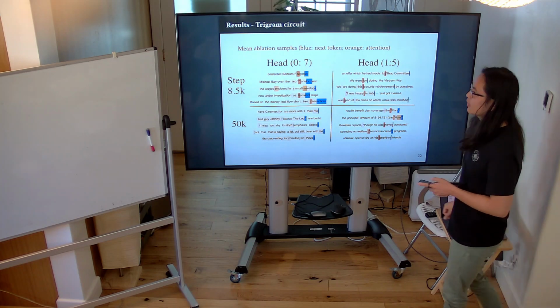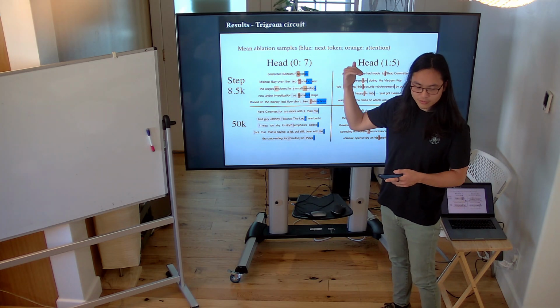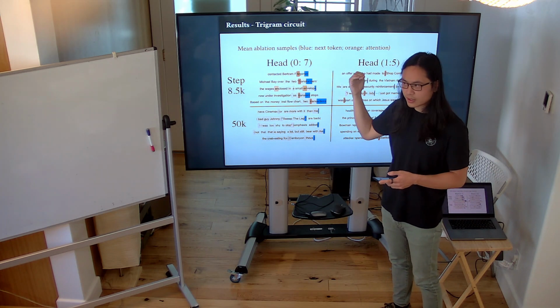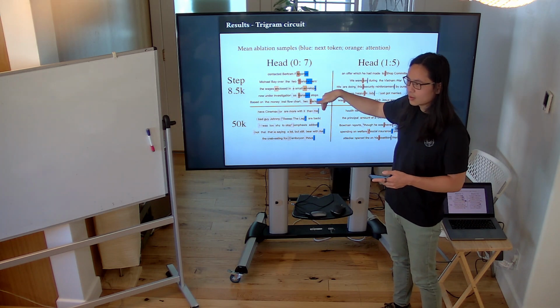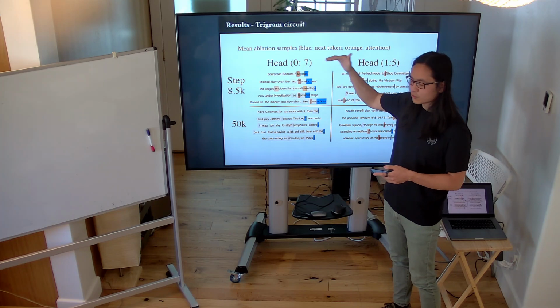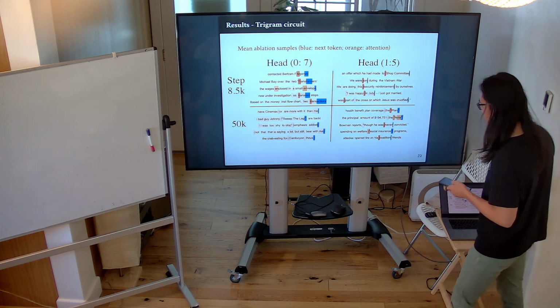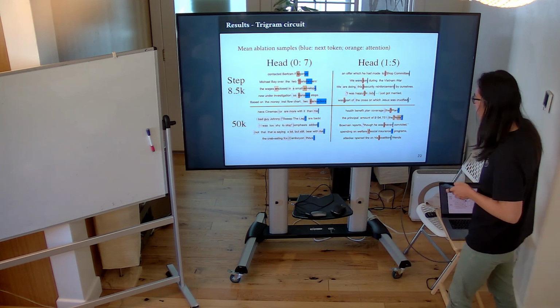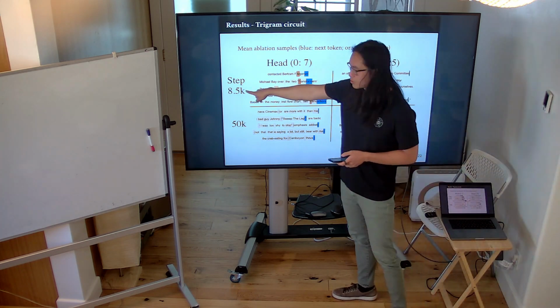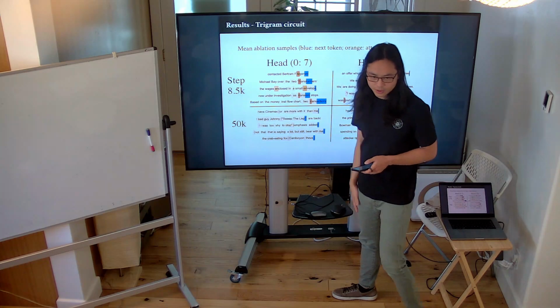If this part of the development of these heads indicates some shift, then the point just before that shift should tell us what they were doing before they went through this change. That's why we have the first row as 8.5K and then 50K is the end of training.